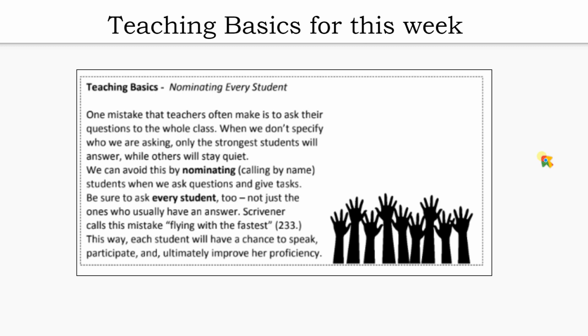And that can lead to what Scribner calls flying with the fastest. Also, when you ask a question to the whole class at once, it's kind of treating them as one student with the same mind and the same level, rather than taking into account individual differences. So that's a key one to keep in mind for your microteaching.